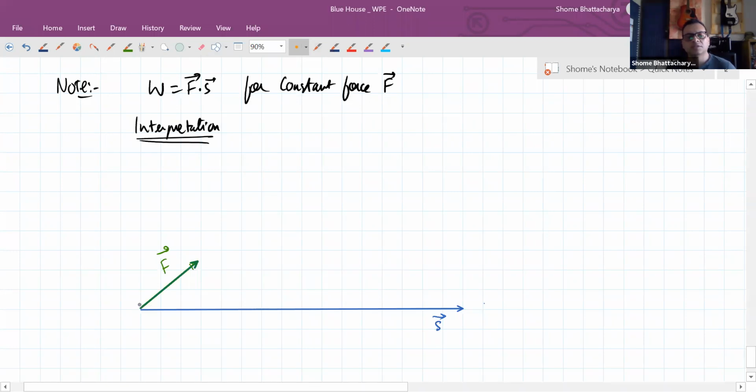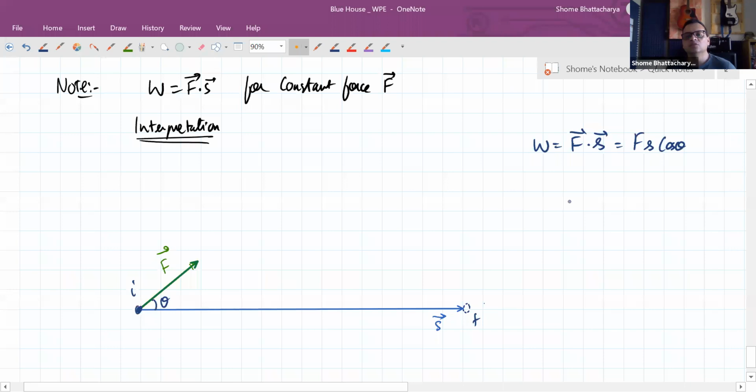So, a particle is displacing from this initial position to this final position. Okay. This angle is theta. So work done, which is F dot S, by definition is Fs cos theta.